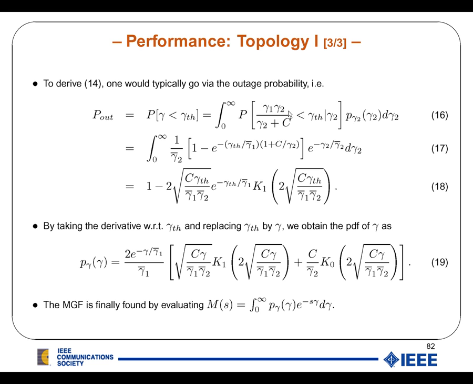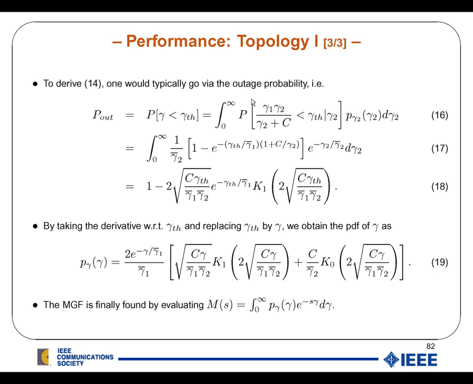the probability that that term here falls below a certain threshold, given that my second channel realization gamma 2 is fixed, multiplied by the probability density function of that second gamma 2 and the integration over all possible states.